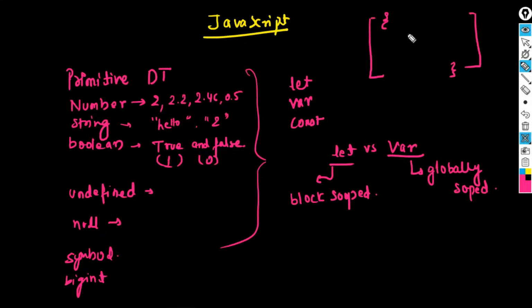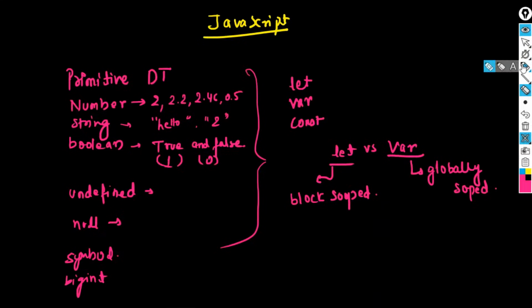Those who have read any programming language know this is what we call a scope. In JavaScript we have global scope, block scope, and function scope, but we will come to that later. This is the difference between var and let.